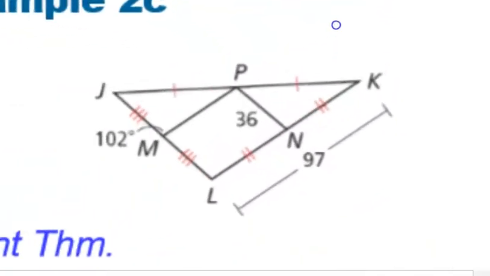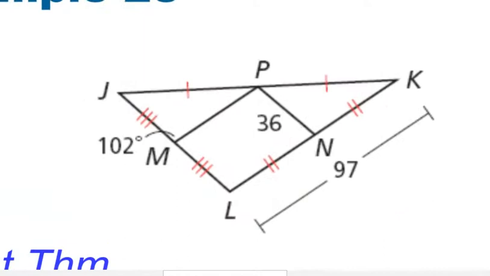Okay, MLK. We're looking at this angle right here. We have this angle, so I'm probably going to mark that and make reference of it. We need to figure out some sort of parallel lines and a transversal. So I see that I have a side and a midsegment right here.